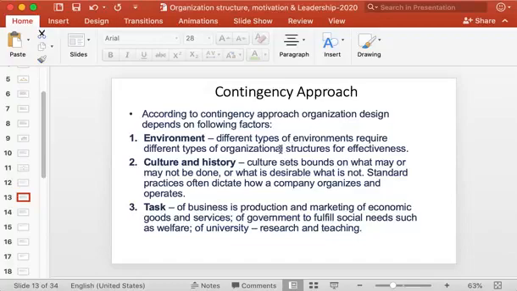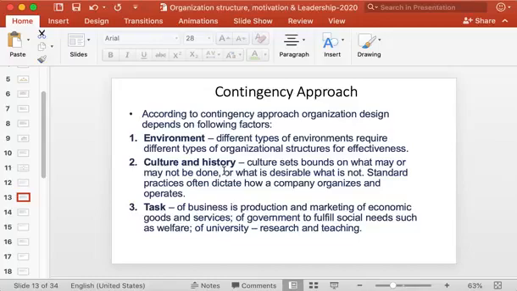All these factors may require an organization structure to be changed, or organization design may also resist change because of some of these factors, especially the culture and history.